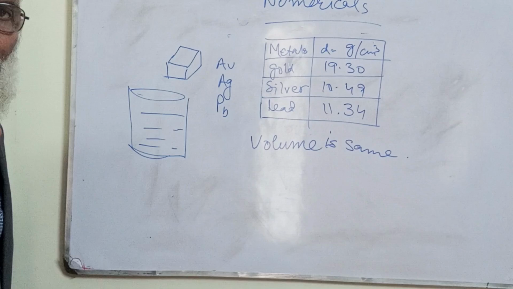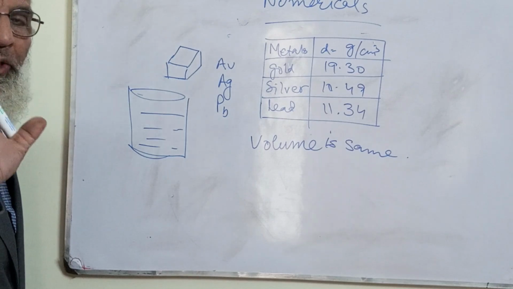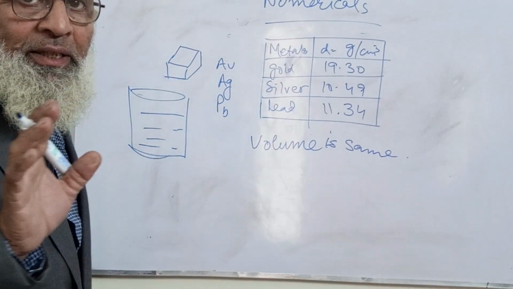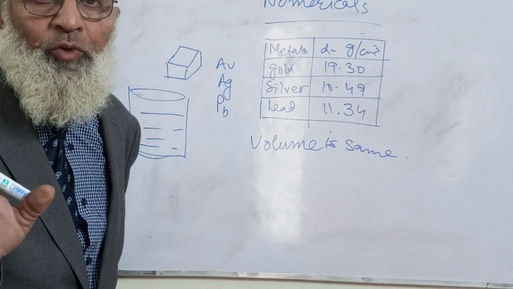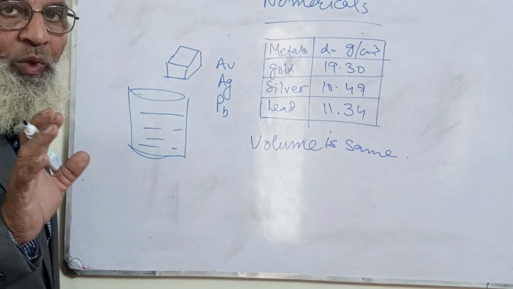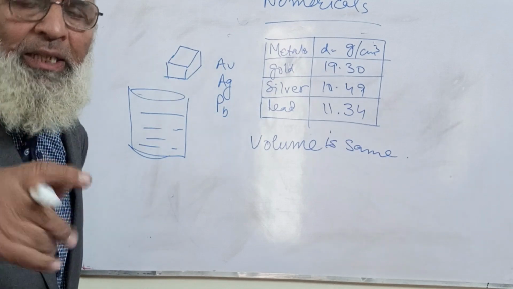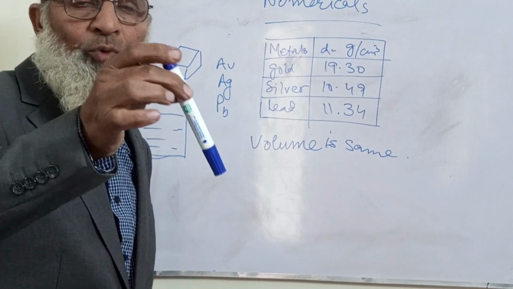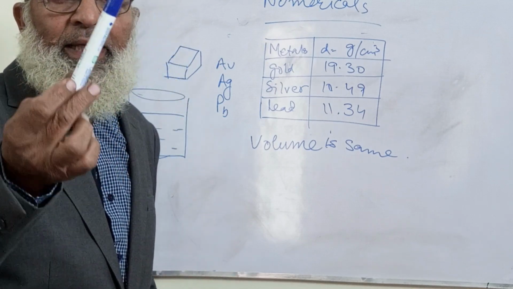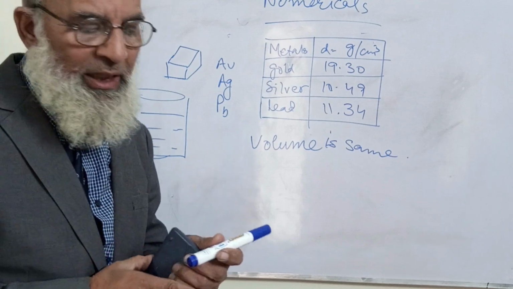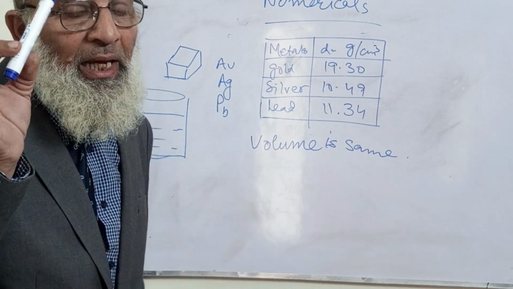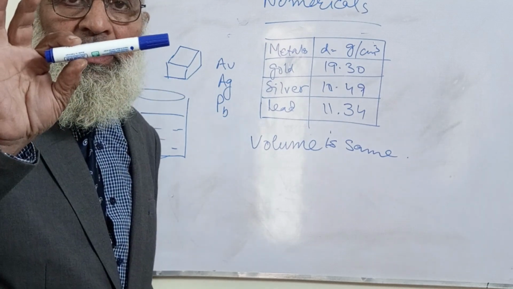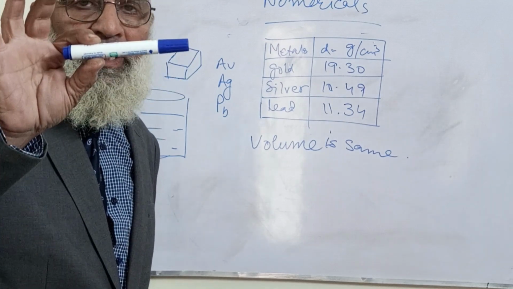Now, my dear students, what was the Archimedes principle? I told you when we were studying density that the displacement of the water in the beaker depends upon the volume of anything. For example, if this pen is dropped in water, the displacement will be equal to the volume of this pen.